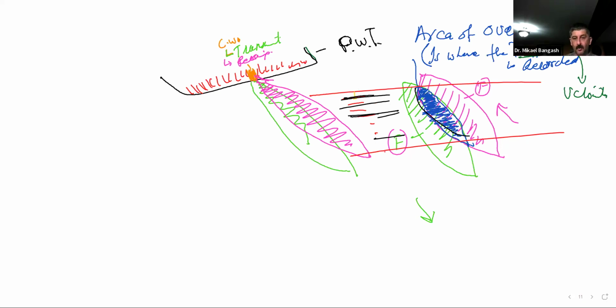Whatever speed is being recorded in this area here, it's going to take an average of that, and that's what will be recorded or reported as the Doppler frequency or velocity. Did you guys get that?